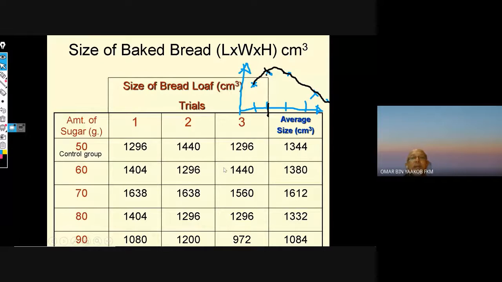So now you can see that these points are now being seen through his experiment. So you have a point there at 60, at 70, at 80, at 90, at 100.